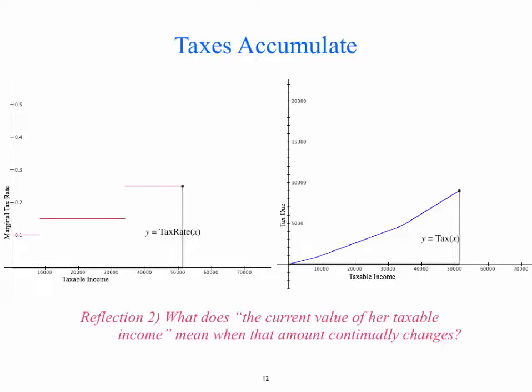Okay, what does the current value of her taxable income mean when that amount continually changes? Go. What does the current value of her taxable income mean when that amount continually changes?